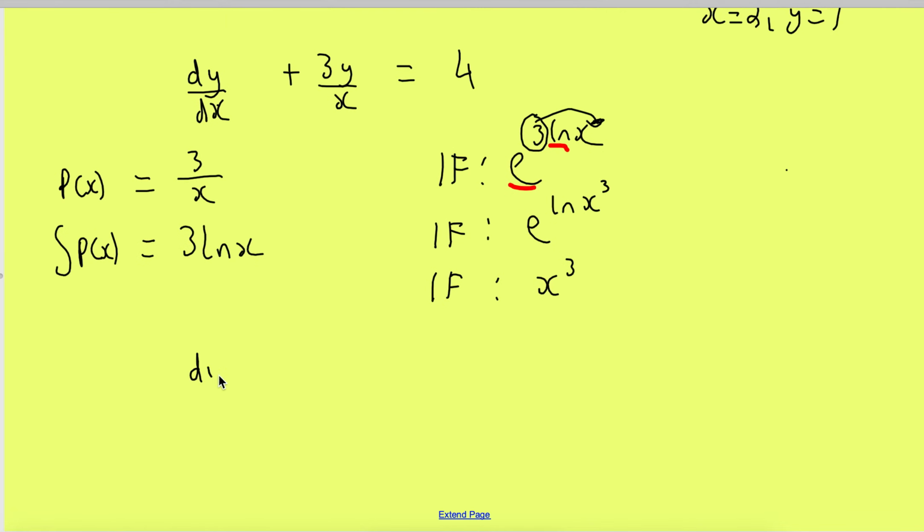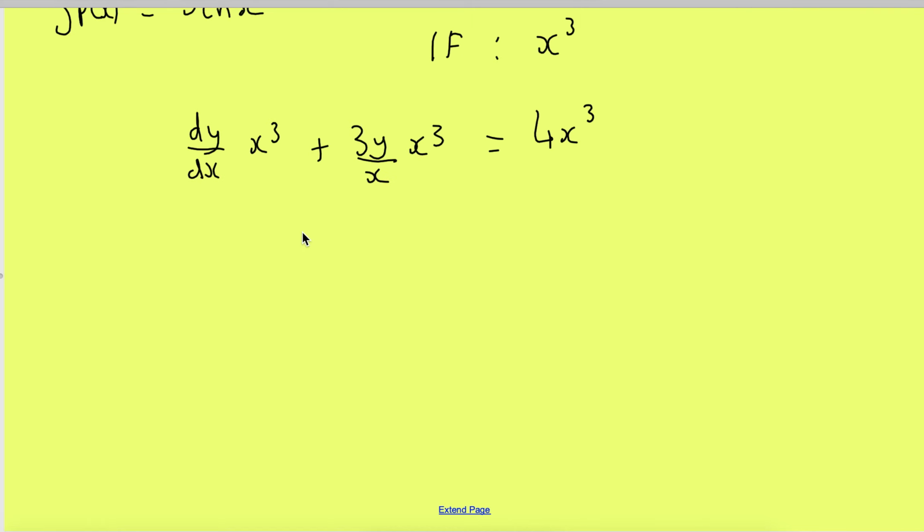So dy by dx times x cubed plus 3y over x times x cubed equals 4 x cubed. Right? If you want, you can simplify that down, but it doesn't matter because remember, all this side ever becomes is just d by dx of your integrating factor, which is x cubed multiplied by y.